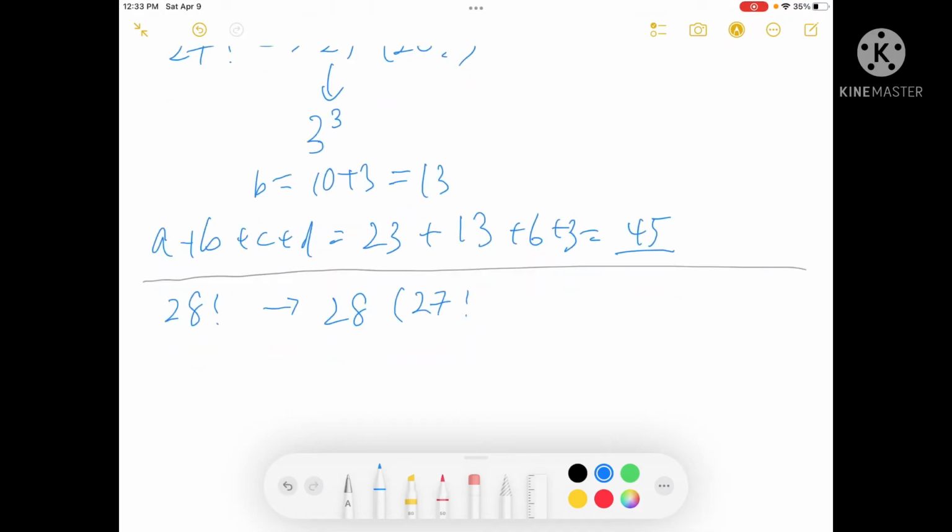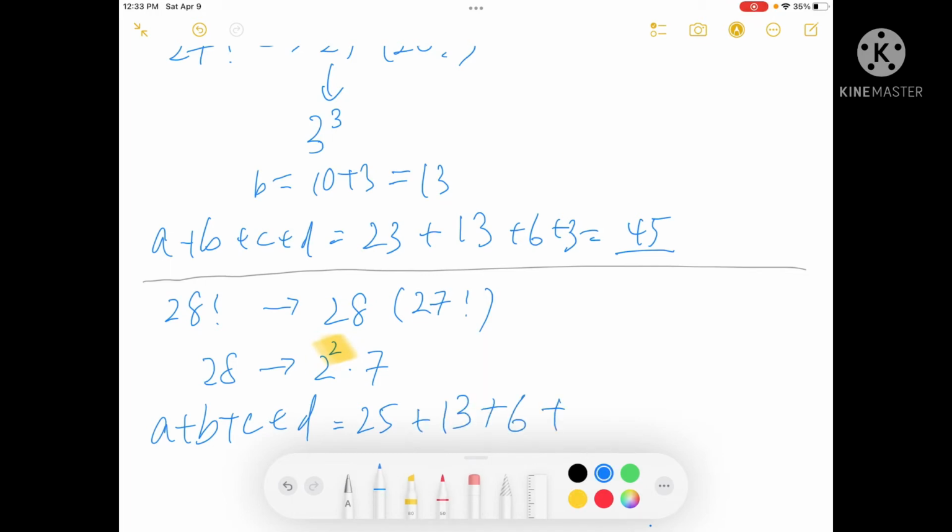I should put that in brackets. 28 is equal to 2 times 2, or 2 squared, times 7. So now a plus b plus c plus d is equal to 25, because we have 2 more factors of 2, plus 13 plus 6. And because we have 1 more factor of 7, it will be plus 4. So 25 plus 13 plus 6 plus 4 is equal to 48, which is not equal to 45.